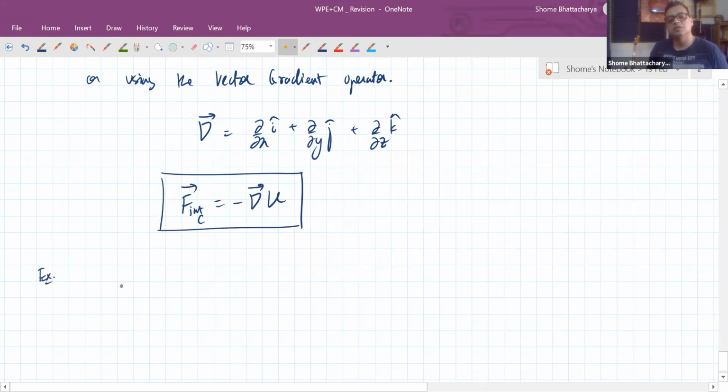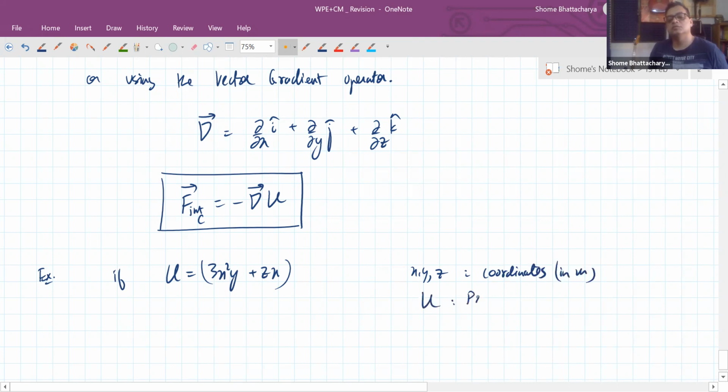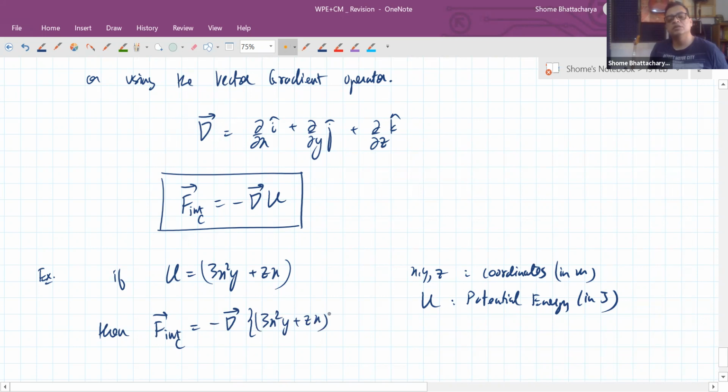So as a simple example, if we have potential energy as this sort of function where x, y, z are coordinates in meters and U is potential energy in joules, then the internal conservative force will become negative gradient of potential energy, which means that it will become minus of this.